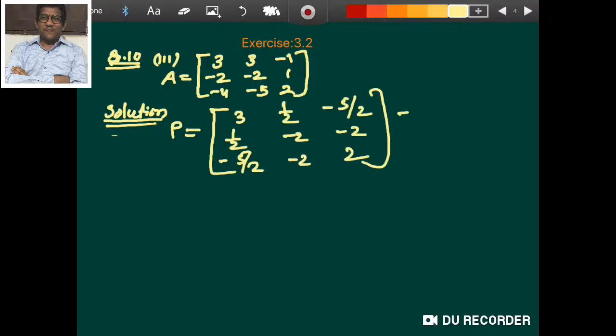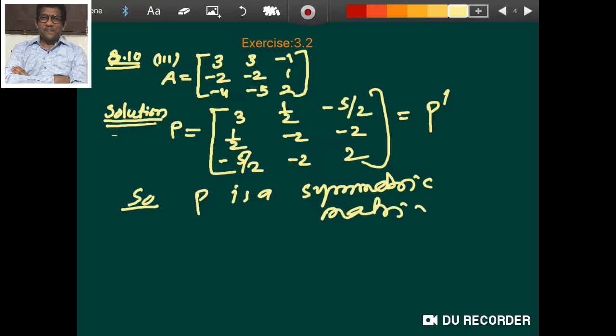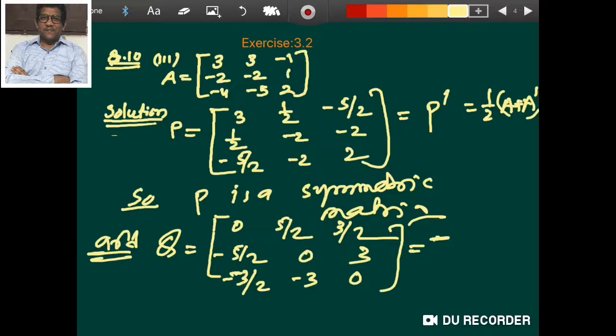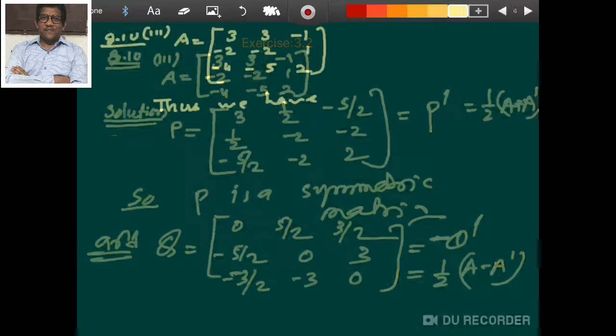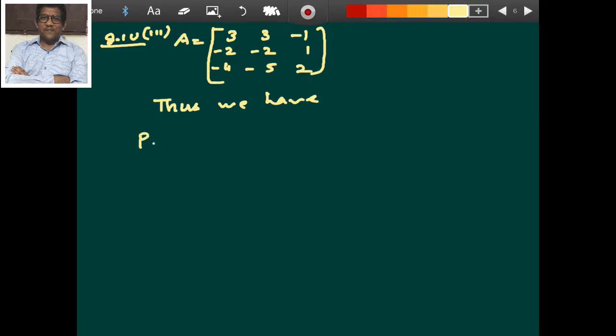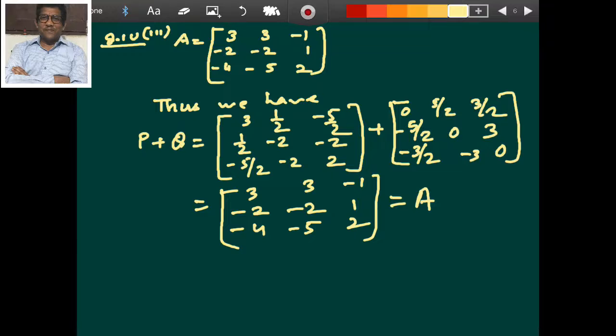P is equal to P dash. So P is a symmetric matrix. Q is equal to minus Q dash, being half of A minus A dash, which is a skew symmetric matrix. Thus we have P plus Q is equal to A.